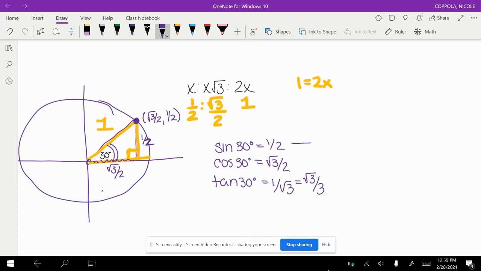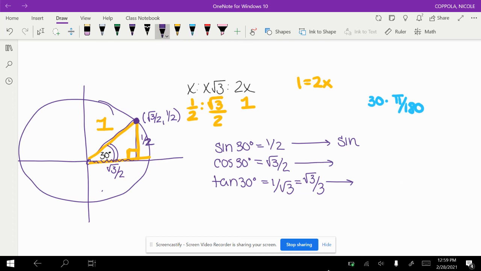Remember that not only do you need to know these as degrees, but it's also important to be fluent in radians. So I need to be able to convert all of these to radians. So 30 times pi, and then I'm trying to get rid of the 180. 30 divided by 180 is 6 in the denominator.